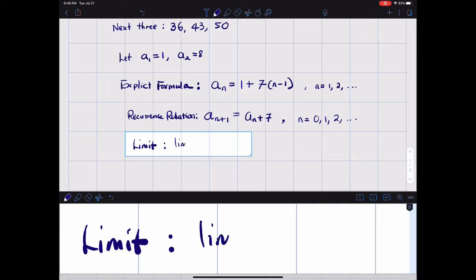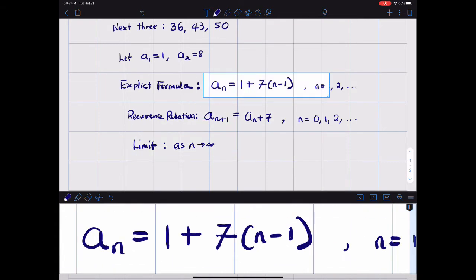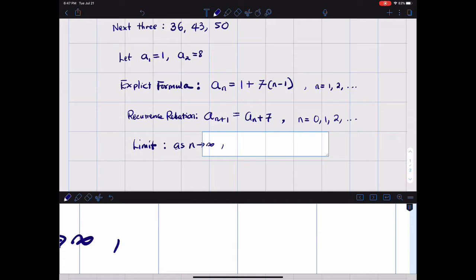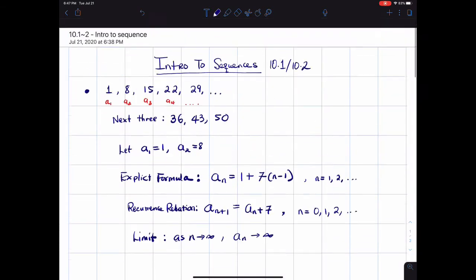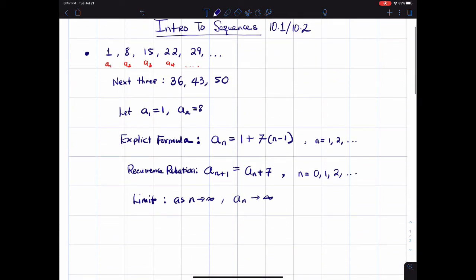As n goes to infinity, you see that An goes to infinity also. So I have a list of numbers, and I can compute a formula for generating the numbers, and I can try to compute the limit of the numbers, and so forth. So this must be an interesting and useful concept.